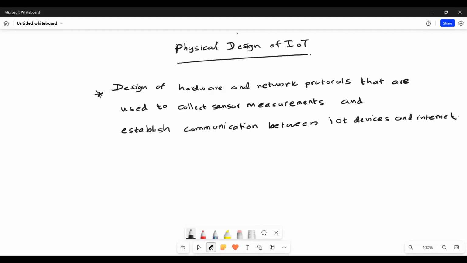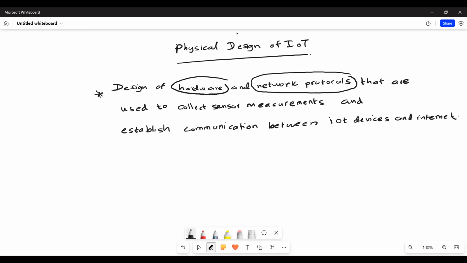So in the physical design of IoT, we'll be talking basically about the hardware and the network protocols that are required for an IoT network based on the application that we are considering, and deciding which hardware is best for our application and which network protocols are best for our application.